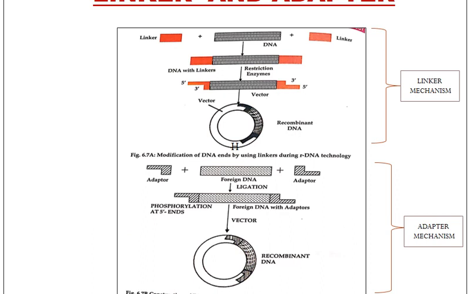At one end, phosphorylation at the 5 prime end takes place, and we further insert it into a vector. You can see in the picture how it forms a recombinant DNA with the help of the adapter. With the adapter, cohesive ends are formed in place of the adapter. So these are the two mechanisms of adapter.